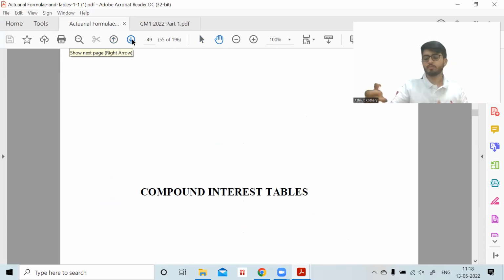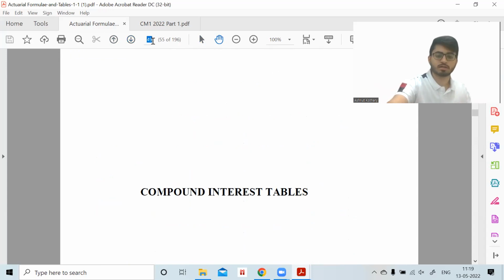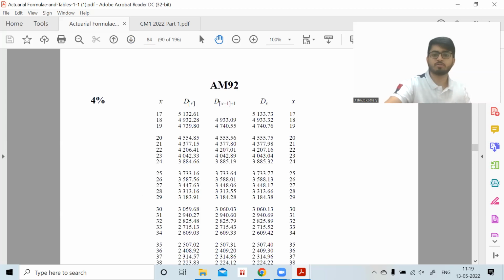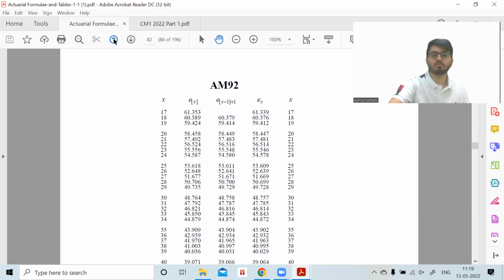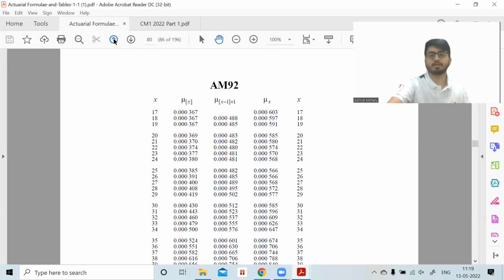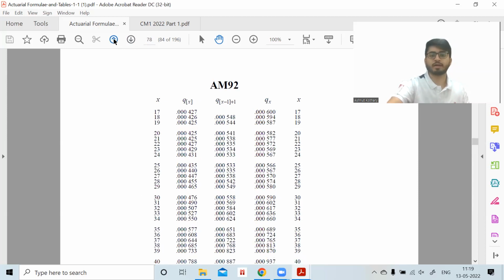Starting from this, there would be around 20 or 25 pages which would be required. And then again, there is a life table section starting, if I'm not wrong, somewhere around 84. Before that, we have certain tables. What exactly they are, we would be covering at a later stage, but just to give you an idea.